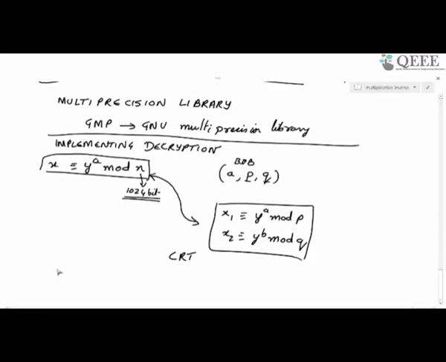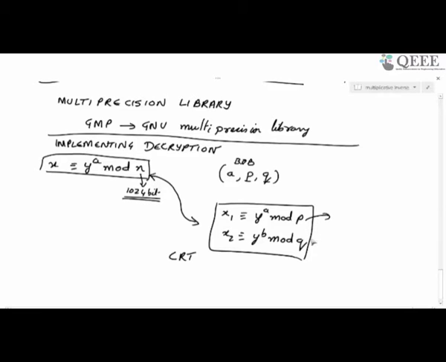So we will not go further into detail about how the Chinese remainder theorem can be used to speed up decryption. Now, why do you actually achieve a speed up in decryption over here? The advantage is that these values of p and q are typically half as long as the value of n.